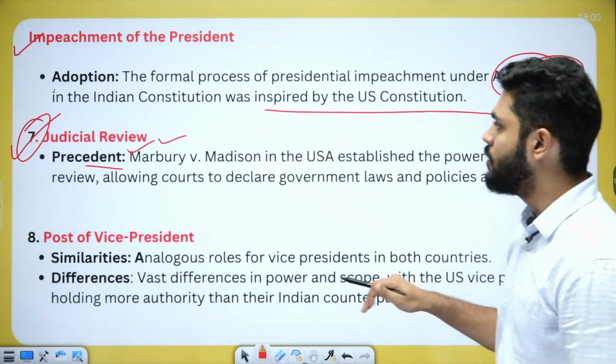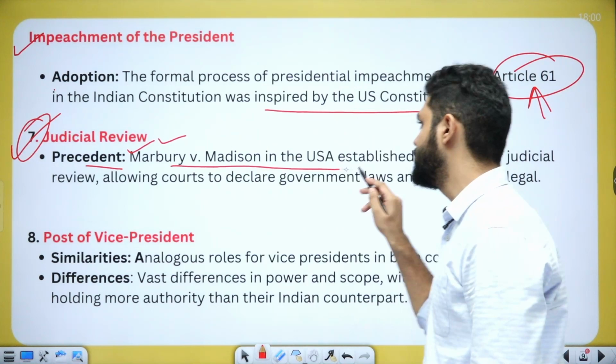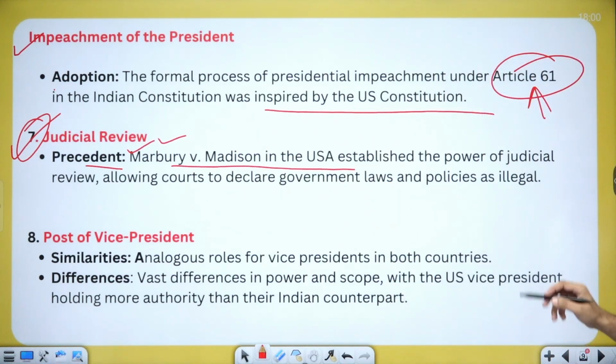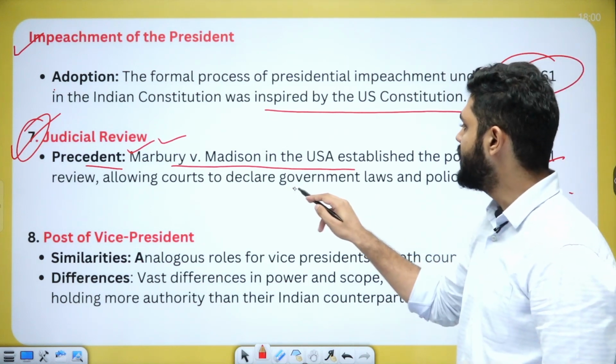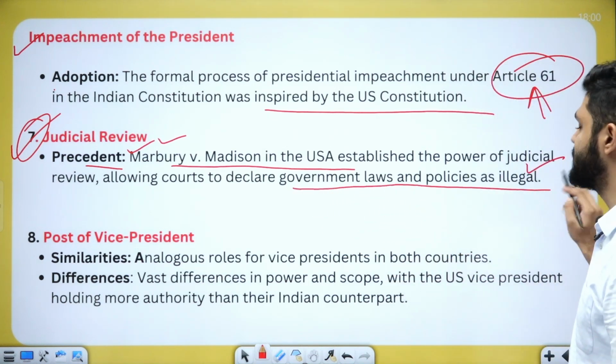there was a case, Marbury versus Madison, in the United States of America, which established the power of judicial review, allowing courts to declare government laws and policies as illegal.